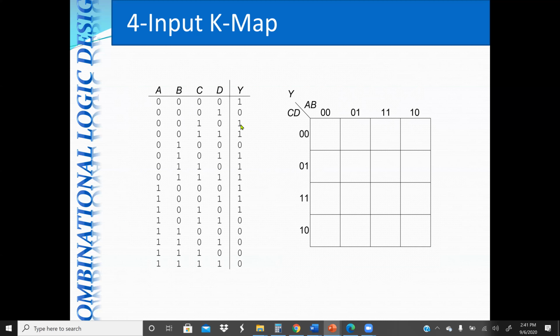Then 0000 also gives us 1, so 1 goes here. Then the third one, 0101, so 01 and 01, gives 1 here. 0101 means A invert B, C invert D.